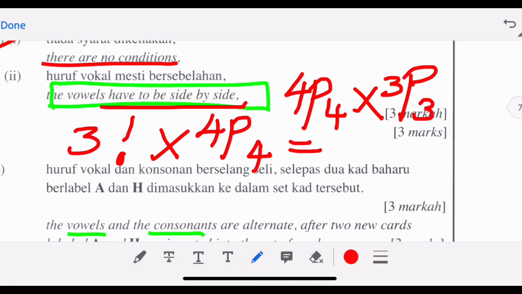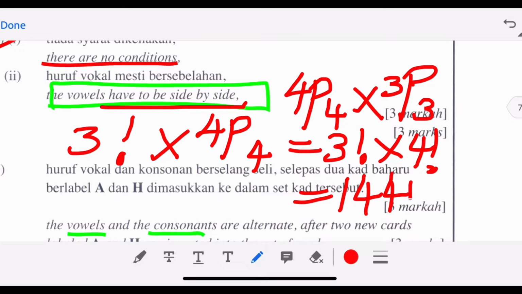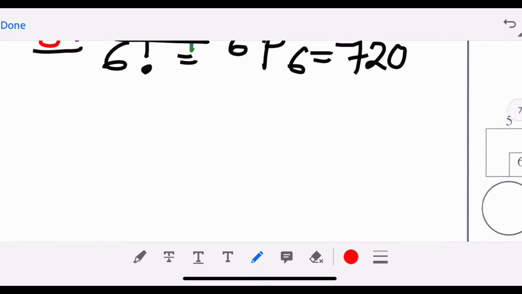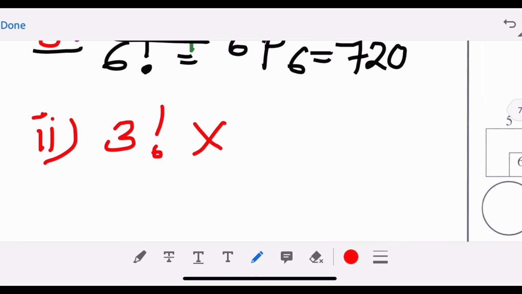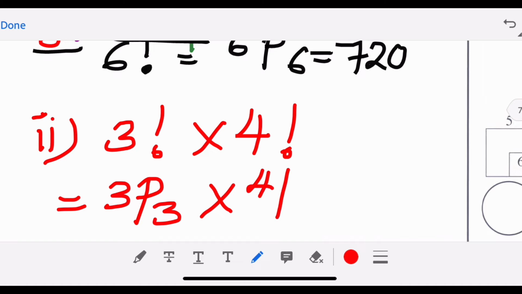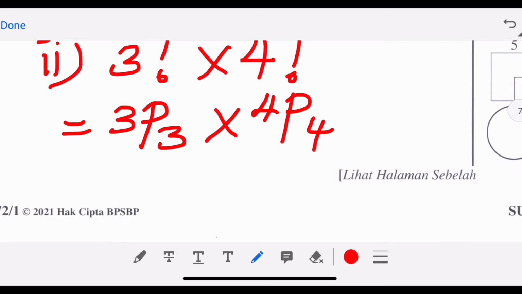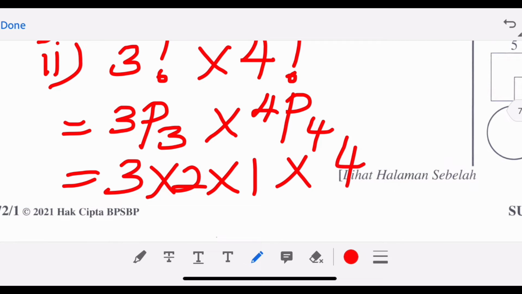So the answer will be 3 factorial times 4 factorial, or you can press your calculator, it is 144 ways. You can write 3 factorial times 4 factorial, or 3P3 times 4P4, or 3 times 2 times 1 times 4 times 3 times 2 times 1.